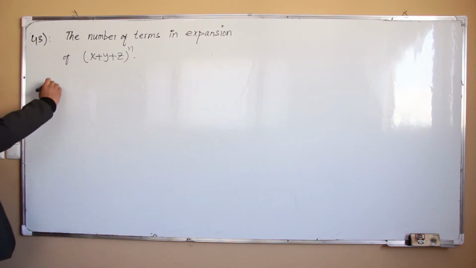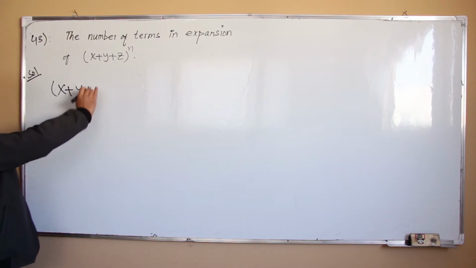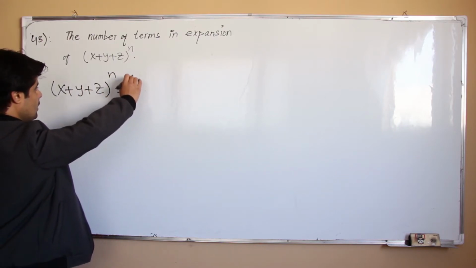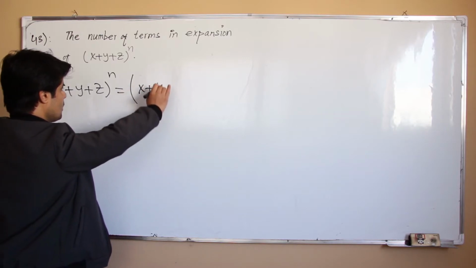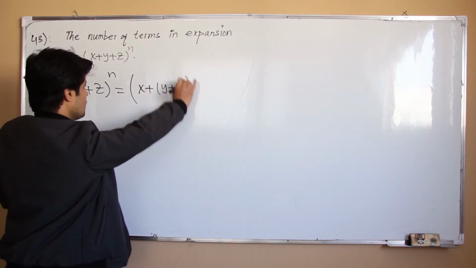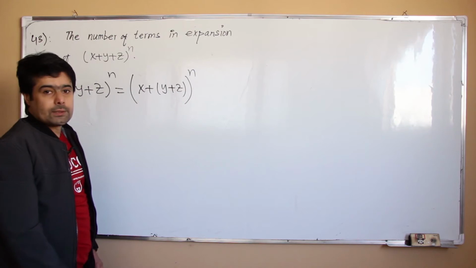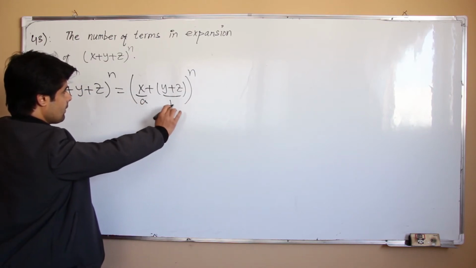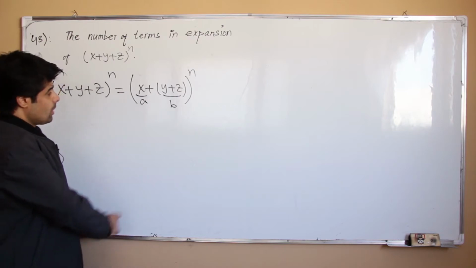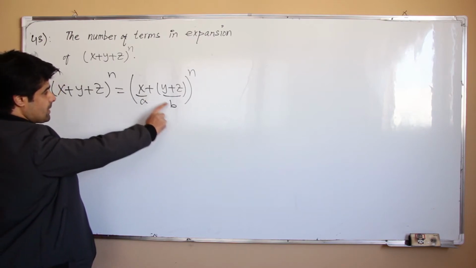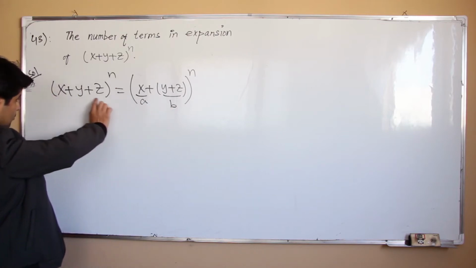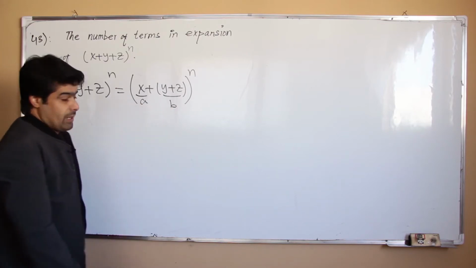Can we write the solution of this one as (x + y + z) raised to the power n? Yes. Why? This is our a, this is our b. Now it has the shape of (a + b) raised to the power n. I think this trinomial has got the shape of a binomial.